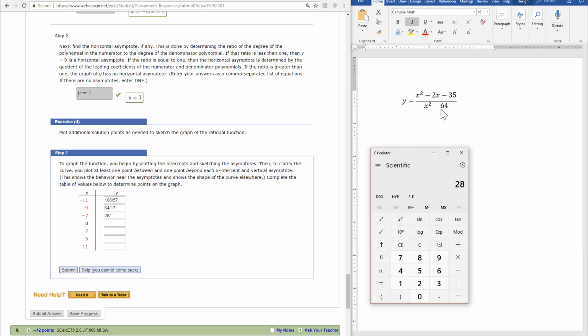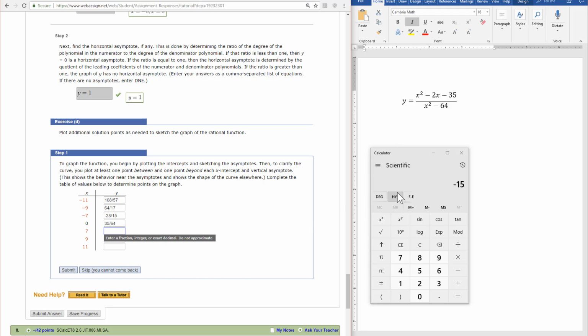In the denominator, 7 squared is 49, and 49 minus 64 is going to give us a negative 15. So I'm going to put the negative in front here: negative 28 over 15. Nope, doesn't reduce. We found this one by finding the y-intercept and putting zeros in for x. So that's 35 over 64.